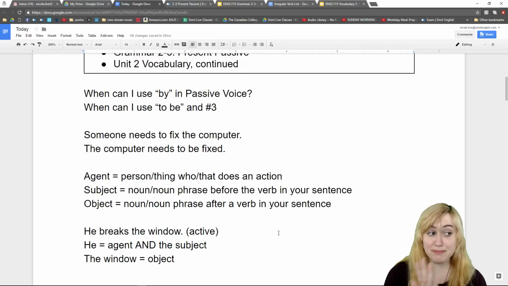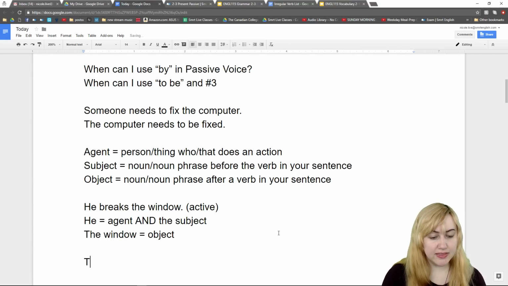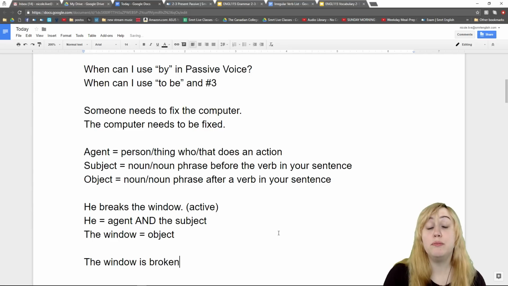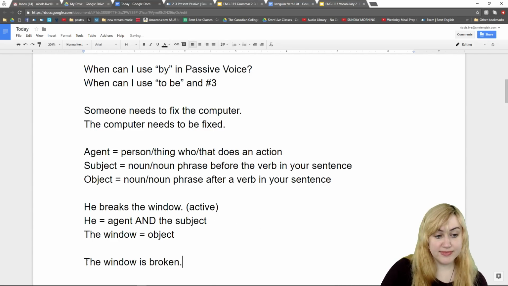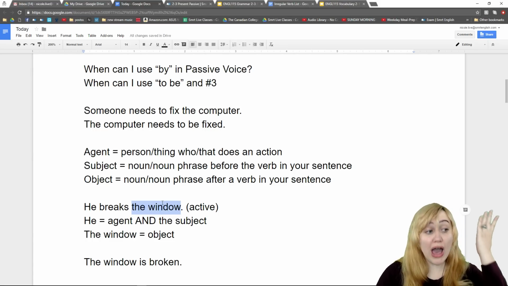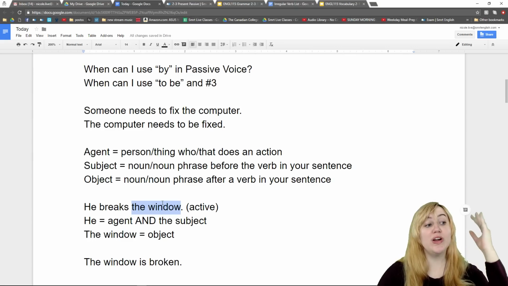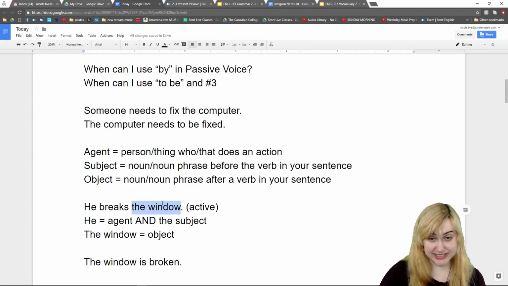Okay. When we change it to passive, here's what we're doing. For passive, we're going to say, the window is broken. So this here, the window was our object, but we're changing it to a subject.